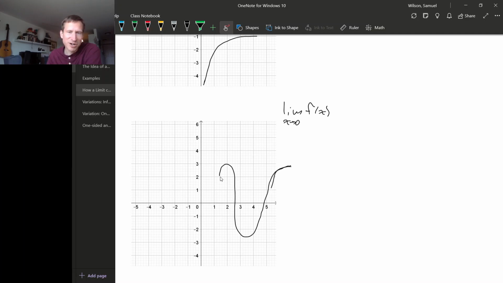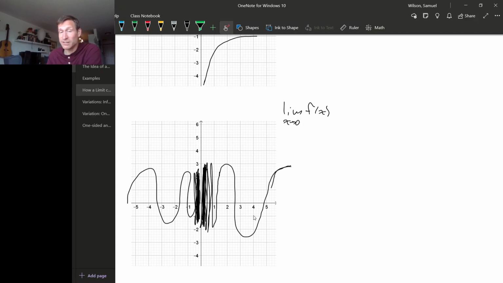Now I know what you're waiting for me to do is draw the part that connects this graph up to the y-axis, because that's where x is 0. But as this graph approaches the y-axis, what I'm going to make it do is just go up and down forever, like this. And the closer we get to 0, the more this goes up and down. And then the same thing from the right. It comes in from the right, and then it comes in from the left, and the closer we get, the more it bobs up and down like this.